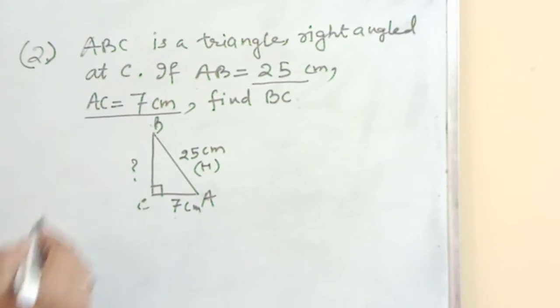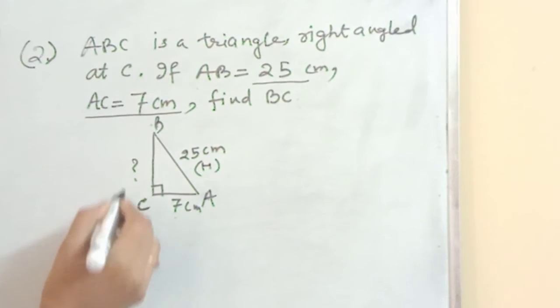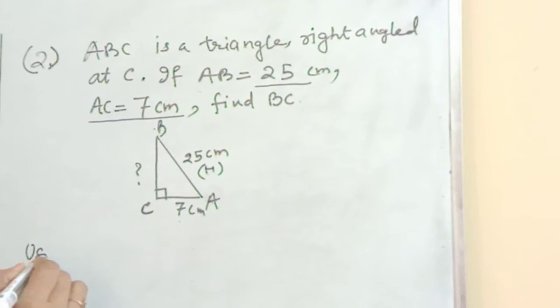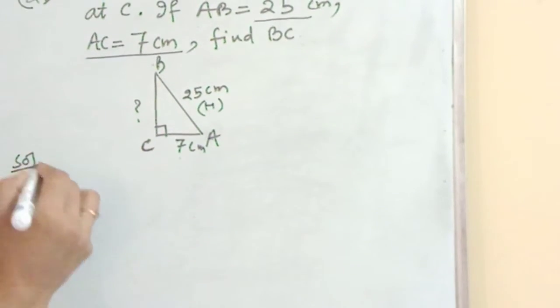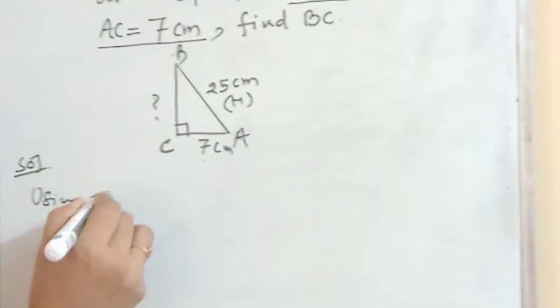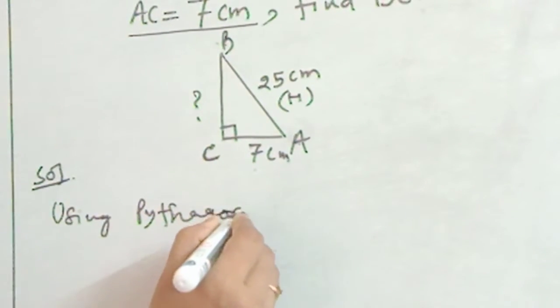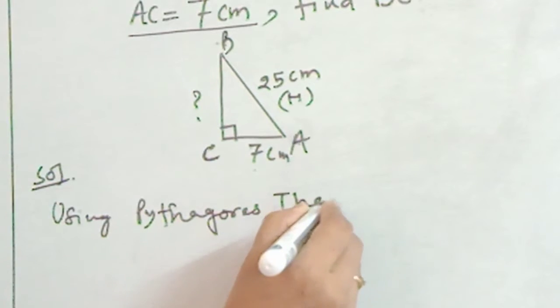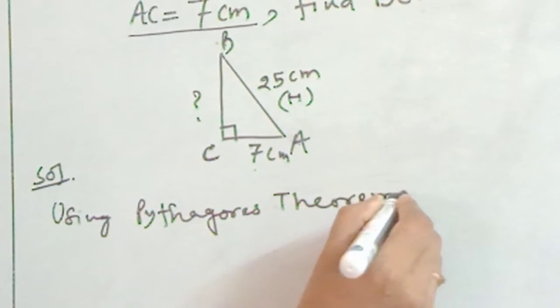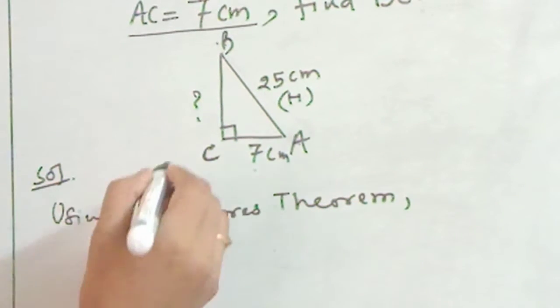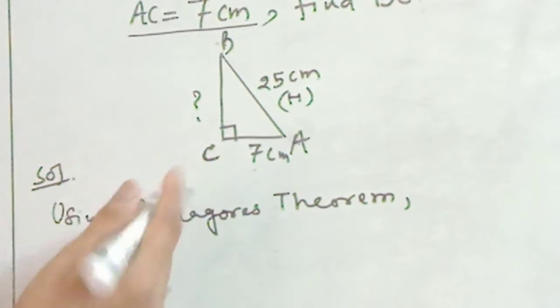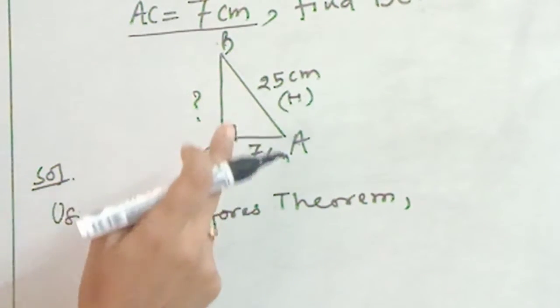Now perpendicular is missing. One leg is missing here. So by using Pythagoras theorem, solution using Pythagoras theorem, we will use now the second part, because here hypotenuse is given.